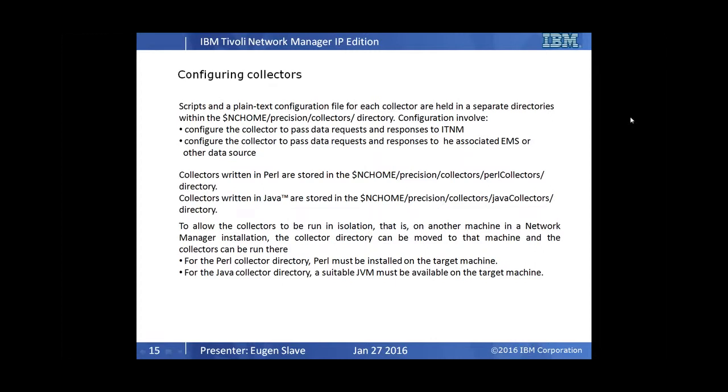As I already mentioned, you can configure the collector to run on another machine, but in the case of a Perl collector, Perl must be installed on the target machine. Also for a Java collector, you need to have a Java virtual machine installed on the target machine. Also, the collector configuration files contain data to connect to the ITNM and also data to connect to the EMS.